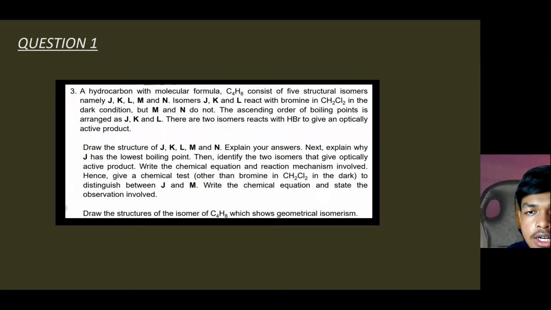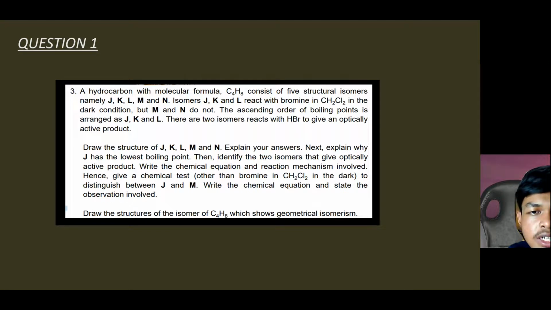Explain your answer and explain why J has the lowest boiling point. Then identify the two isomers that give optically active product. Write the chemical equation and reaction mechanism involved.